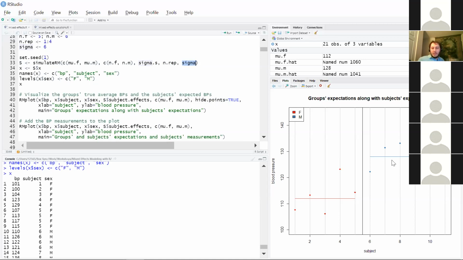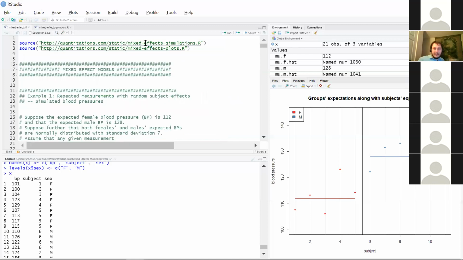All right, and in this first plot, what we're seeing are the group's expected values. And again, let me just clarify, simulate RM, that function is defined in this file. So if you run source of this file, then you've brought that function into your environment. And if you download this file, you can inspect the code and see exactly what this function looks like.